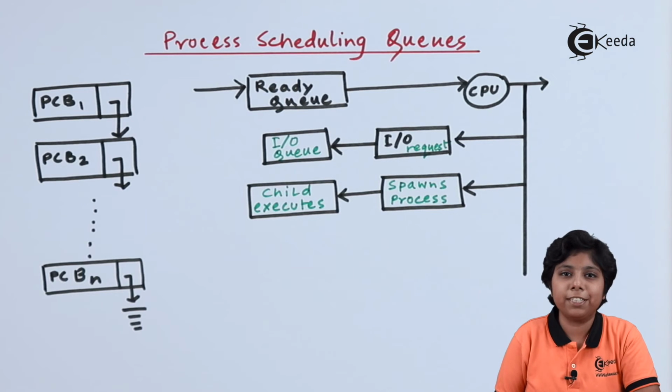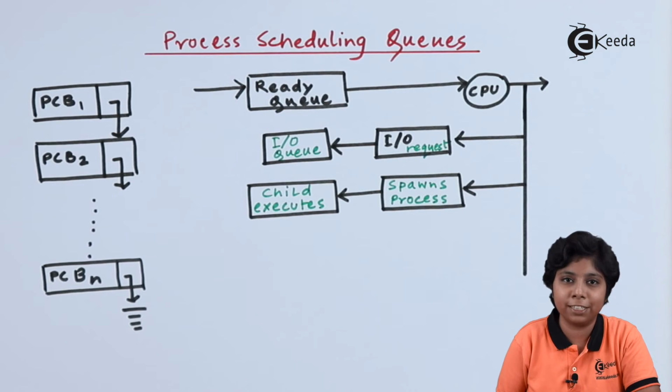The next event is that the process is forcibly removed from the CPU due to the occurrence of an interrupt. The interrupt must be serviced to resume the process's operation.